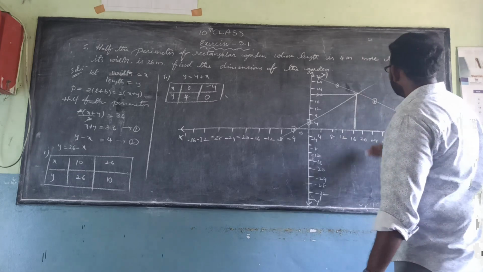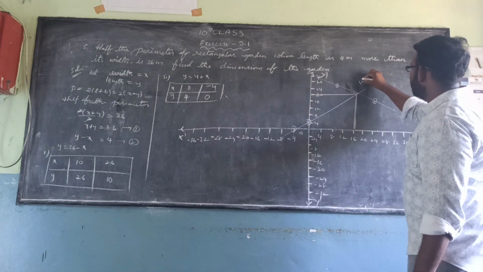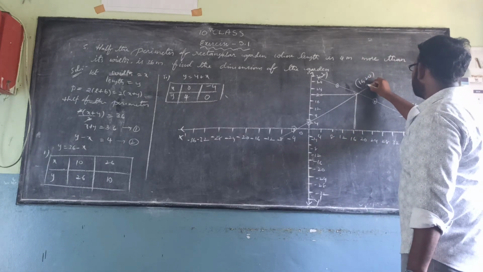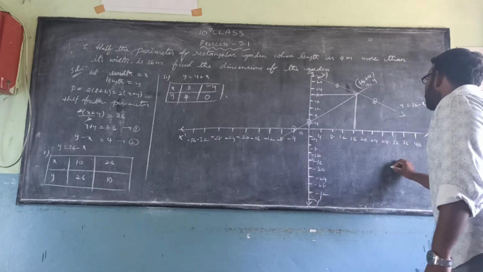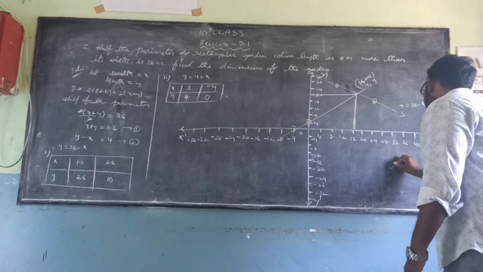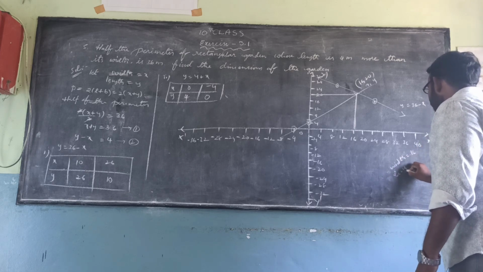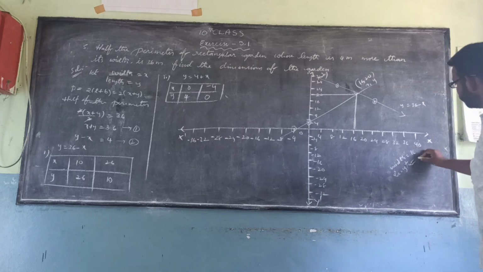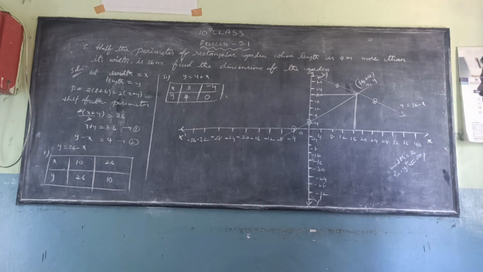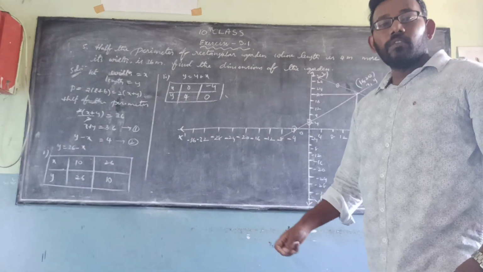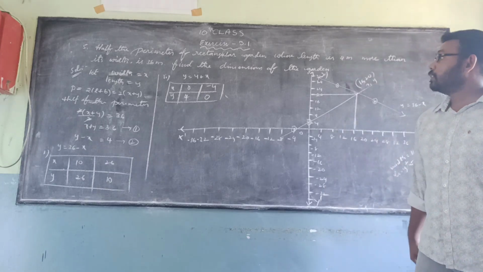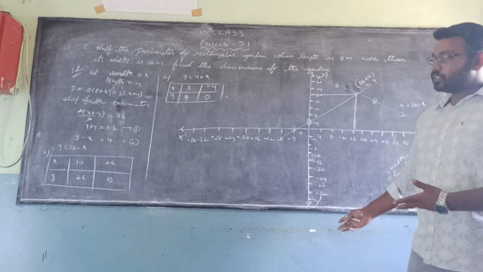So here the point is 16, 20. That means this is x and this is y. So here x is nothing but width, that is equal to 16, and length is nothing but 20. So in this way we can easily find the lengths and widths from the equations when graphs are given.